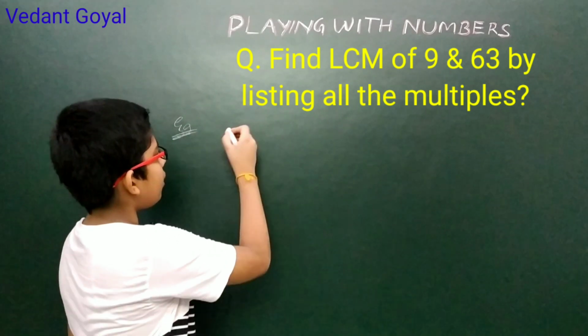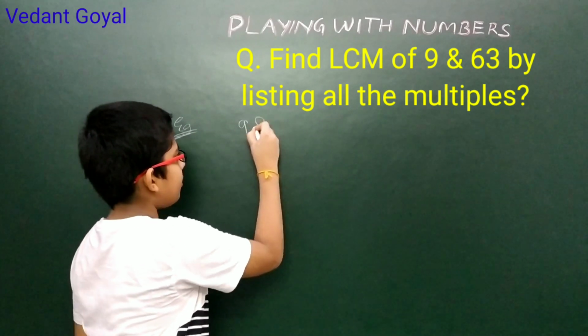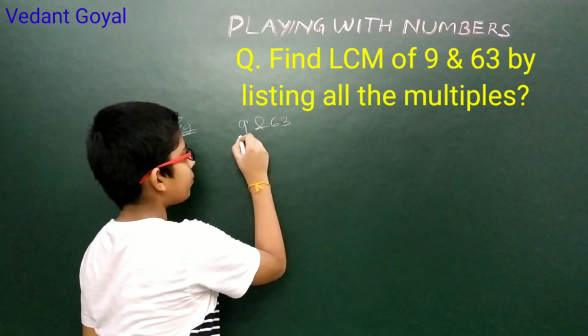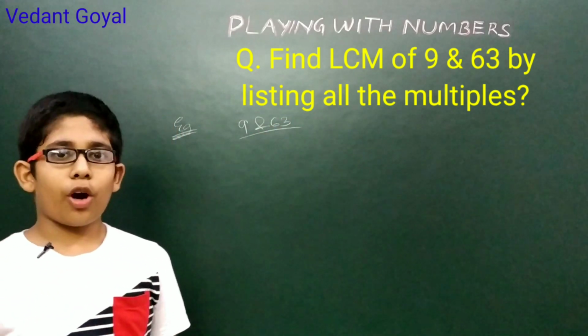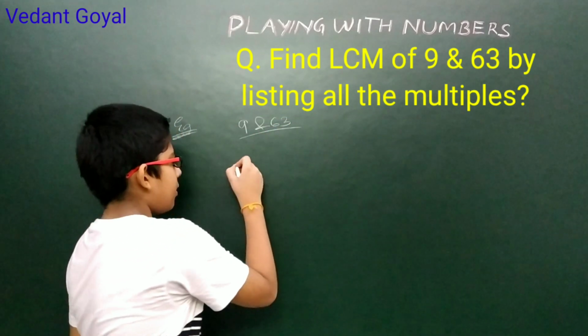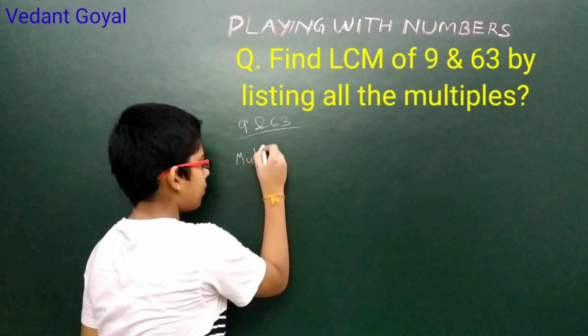Let's take 9 and 63. So what we have to do? What are the multiples of 9?